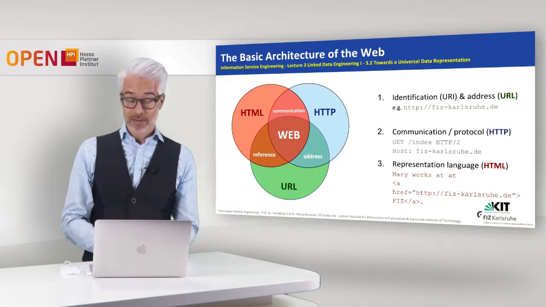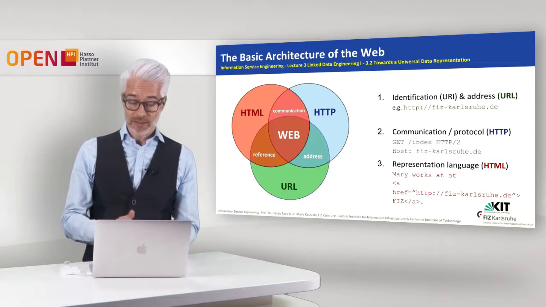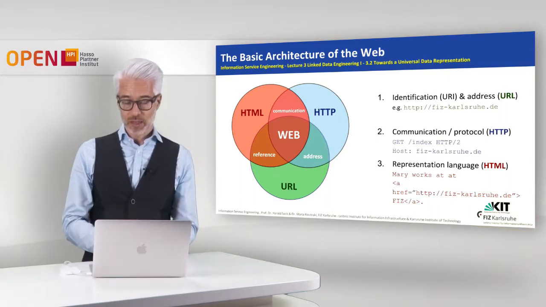And then at number 3 you see an example of the representation language HTML, where I have the sentence Mary works at Fitz Karlsruhe, and Fitz Karlsruhe is linked to the web address of Fitz Karlsruhe.